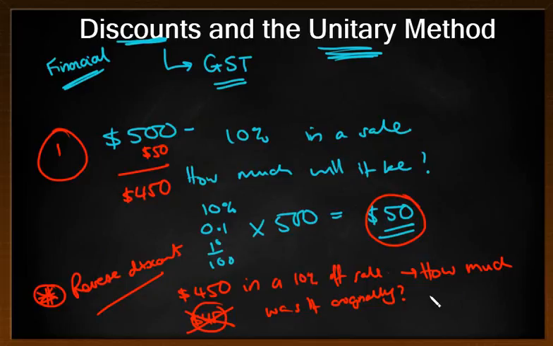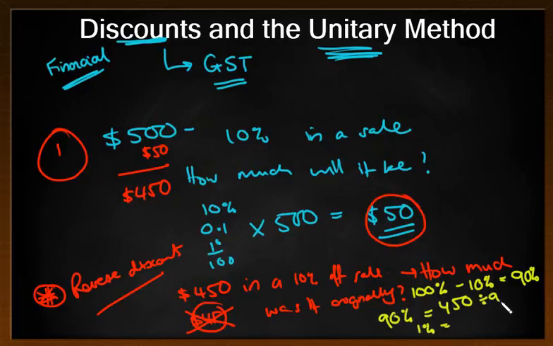What we have to figure out is the following. If you've got a 10% off sale, what that actually means is that what you have is 90% of the price, which means that 90% is equal to $450. We're going to find 1%. Can you remember how to do this?